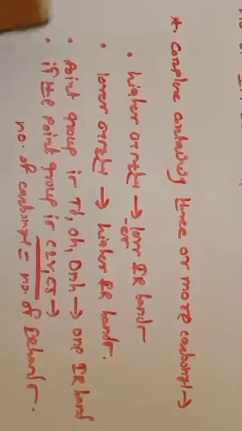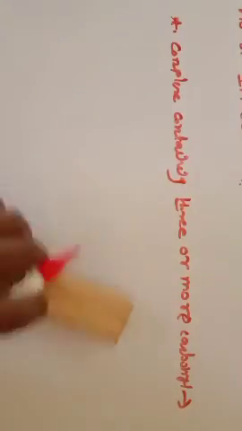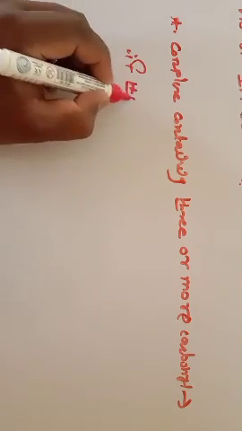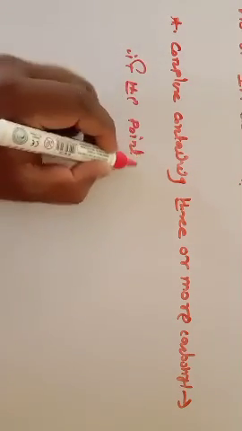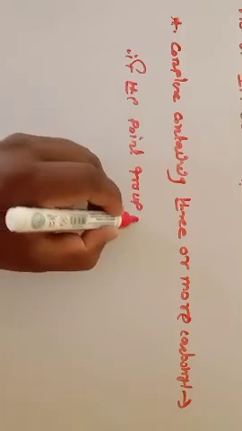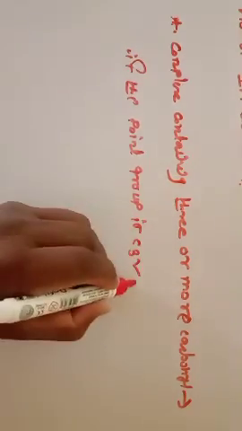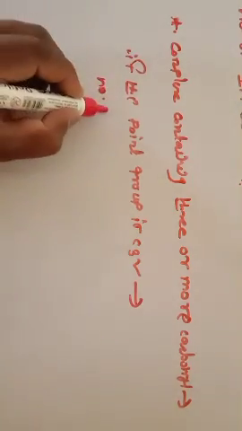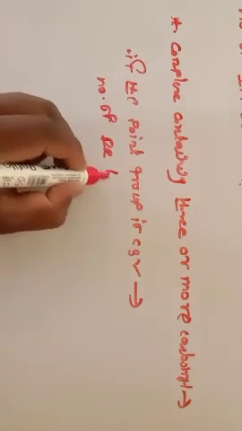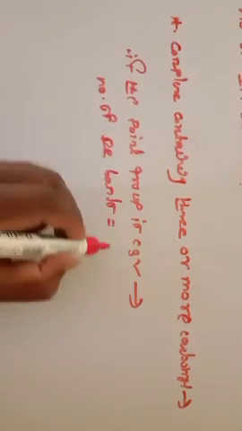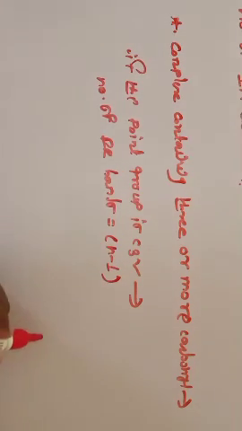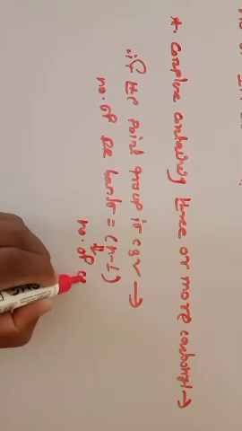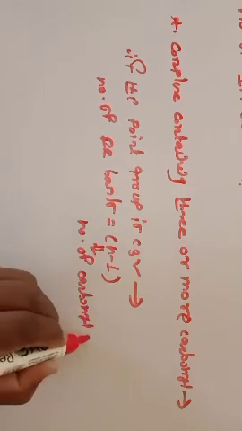The next important point is that if the point group is C3v, then the number of IR bands is equal to n minus 1, where n is the number of carbonyls in the complex.